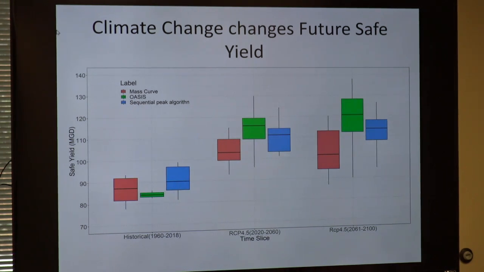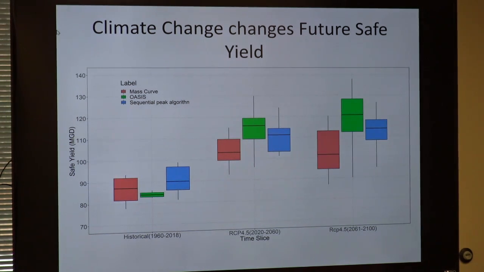So what do we see here? The OASIS model was basically showing less uncertainty in historical data. If you see that box plot, the box is much thinner for the green box, which indicates that there's less uncertainty in our estimation using the OASIS model.